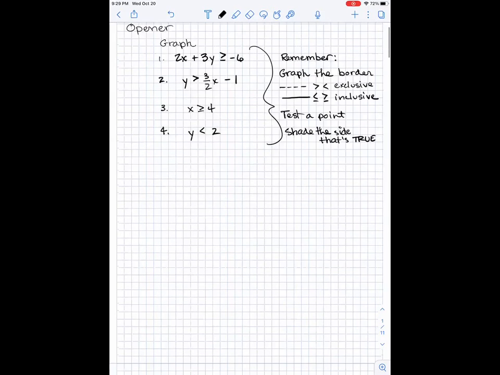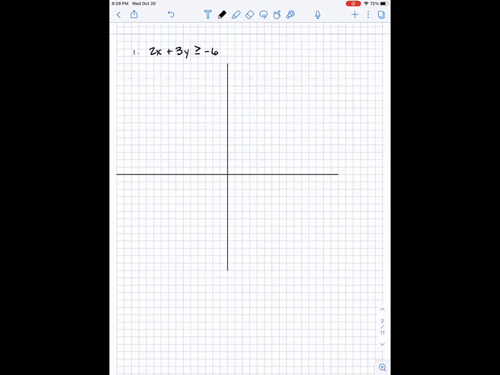So it's in standard form. The best way to do standard form, especially if the left-hand side are factors of the right, so your A and B are factors of C, is to find the intercepts. So that means you set your x equal to 0, and then you've got 3y is greater than or equal to -6, or y.